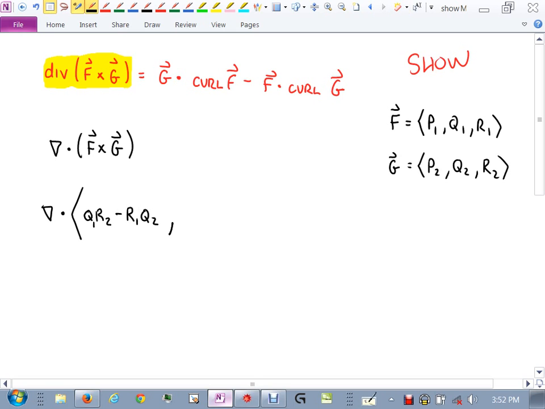And then I keep going. Now I need the J component. So P1 times R2, but then I'm going to switch it. R1 times P2, but switch it. So R1 P2 minus P1 R2. Following me? And then my last one, P1 Q2 minus Q1 P2.